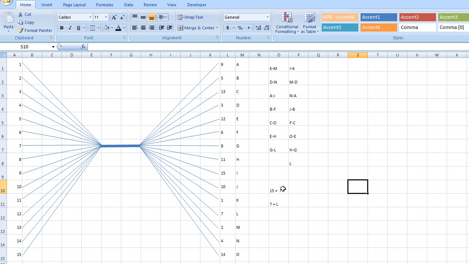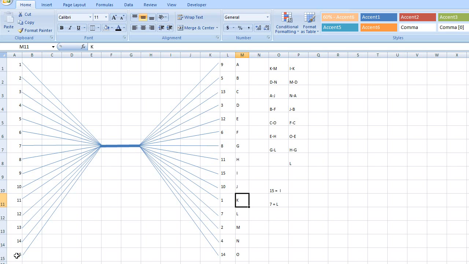Alright, so let me pause that. Okay, it's very, very important to pay attention here. We know that 15, which is I, is now paired with K. So whichever one 15 is found to be paired with after the rewiring, which is K, is basically 1.